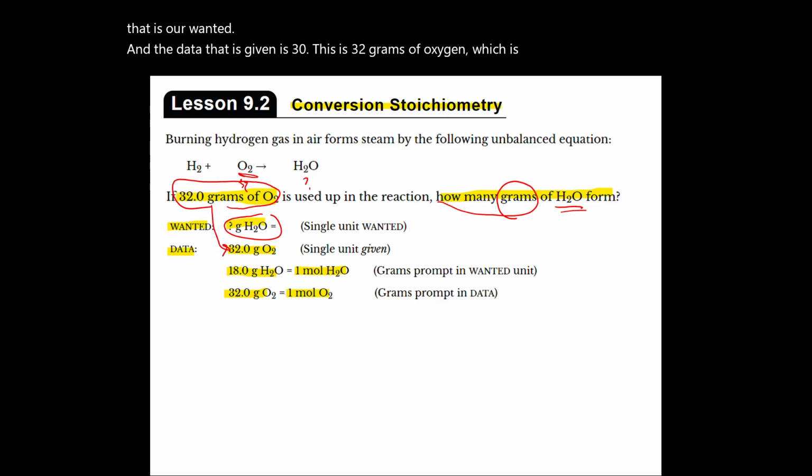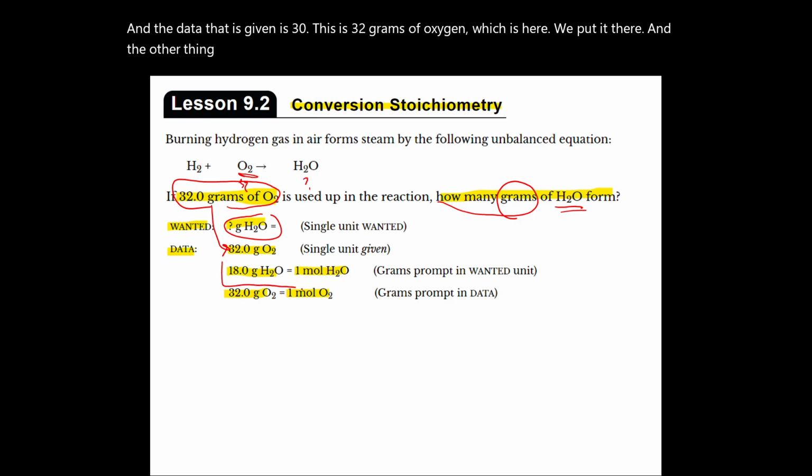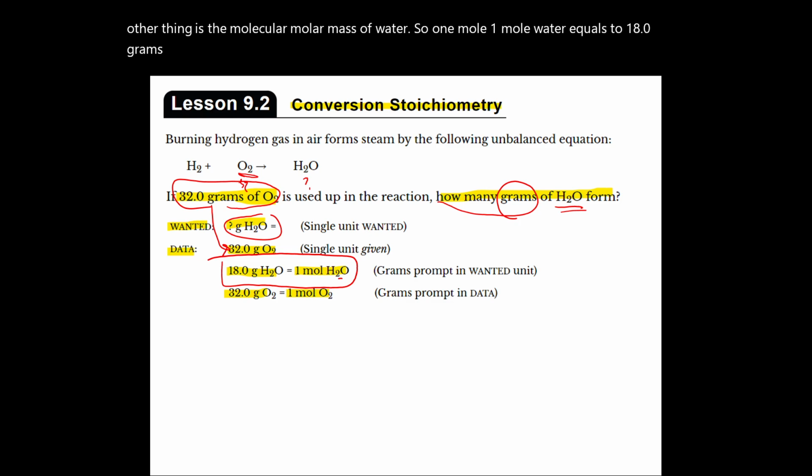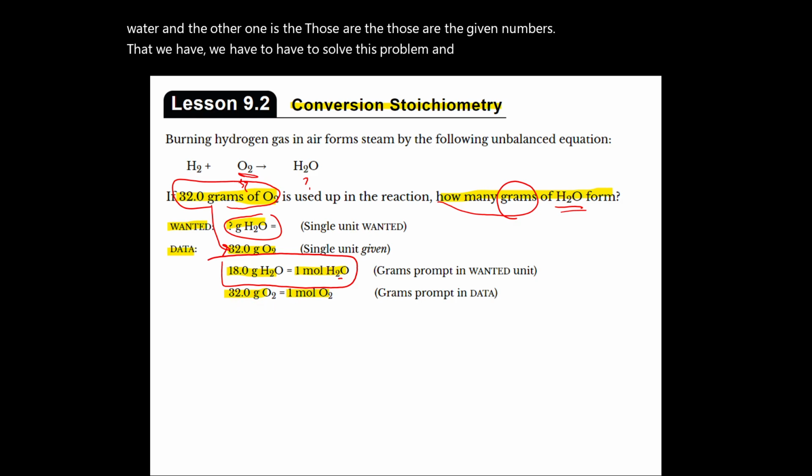We put it there. And the other thing is the molar mass of water. So one mole water equals 18.0 grams water. Those are the given numbers that we have to solve this problem. And one mole oxygen is 32 grams.